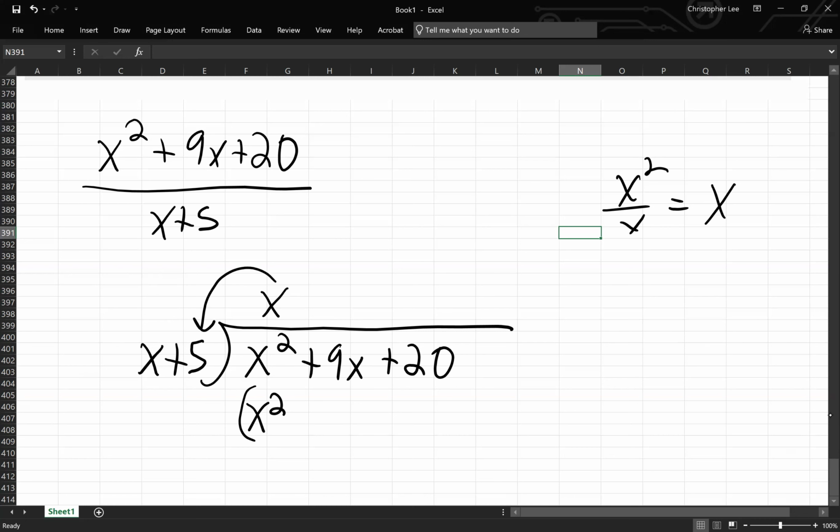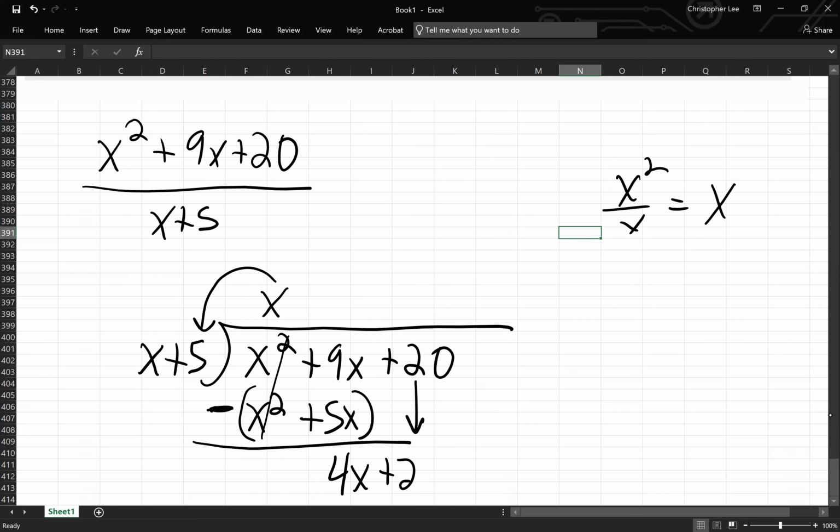X times 5 is what? So plus 5x. After that, you want to subtract. It's the same process. X squared minus x squared cancels out. 9x minus 5x is 4x, right? Bring down your next number, plus 20.